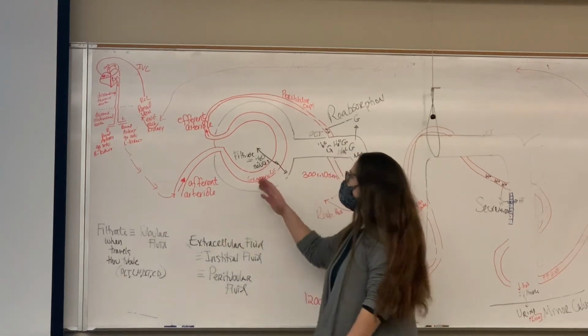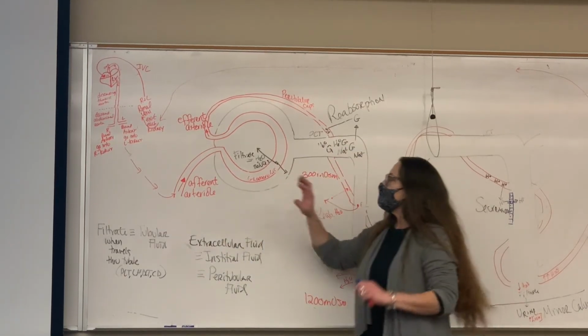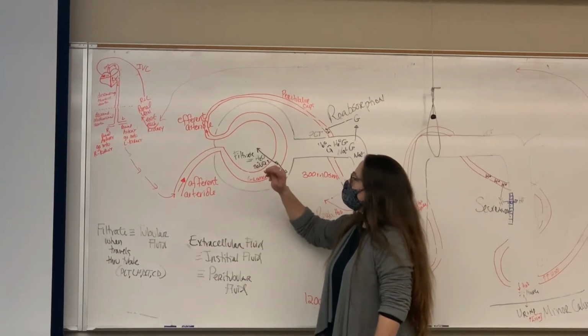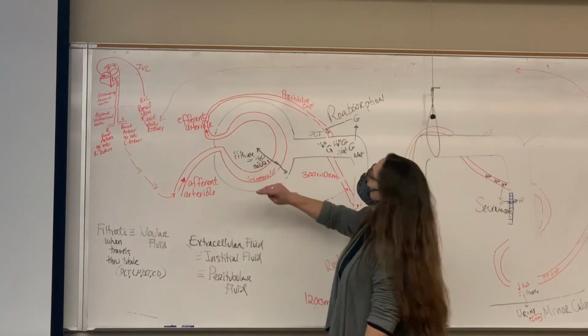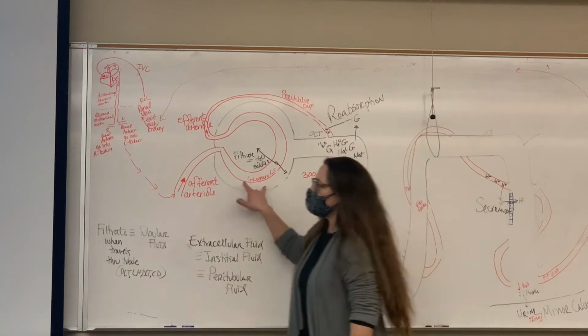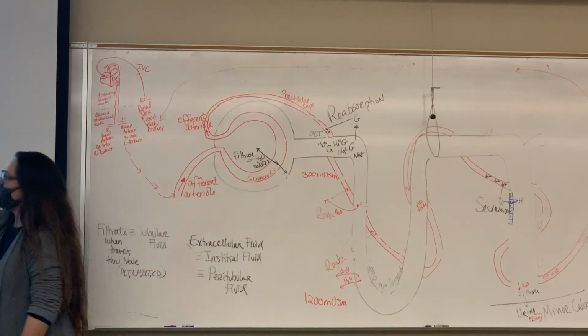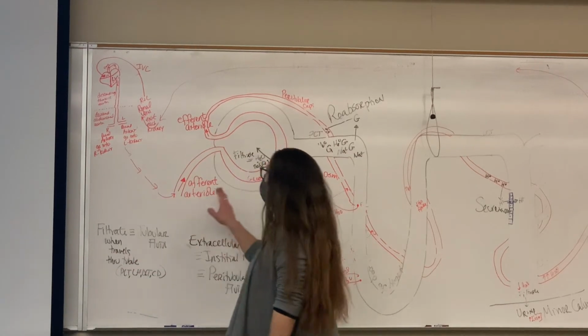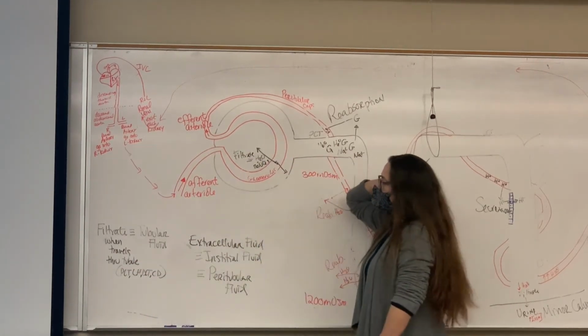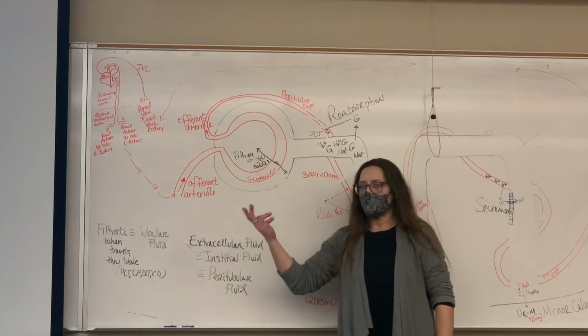And that's gonna help to facilitate, let me back up. When you look at Bowman's capsule, it's gonna be composed of simple squamous epithelium. Okay, we'll leave that there. And then, when you look at the glomerulus, it is a capillary.